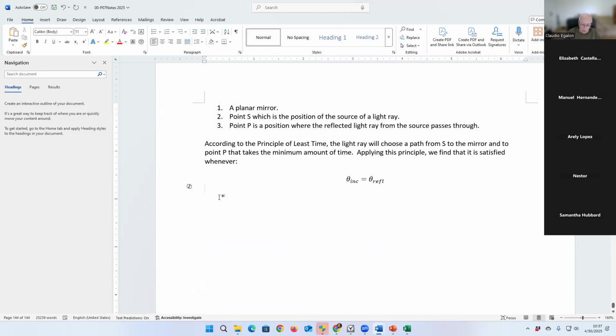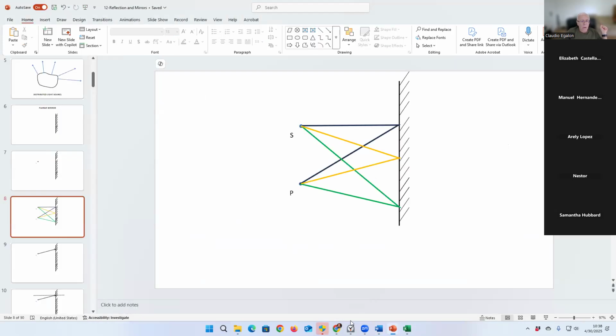The above result, I'm not going to derive it, but this one is kind of easy to derive. All you have to do is to find which one is the least amount of space. This length plus this length is going to be less than this length plus this length.